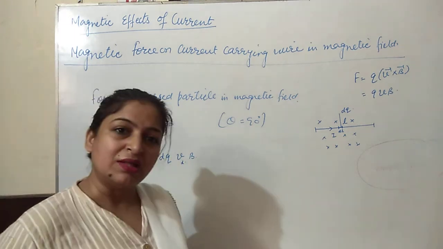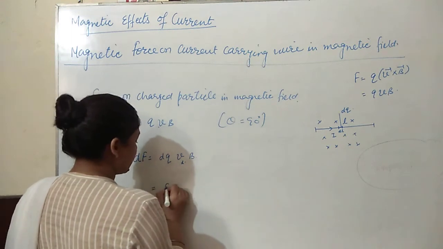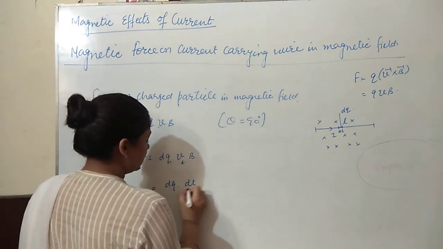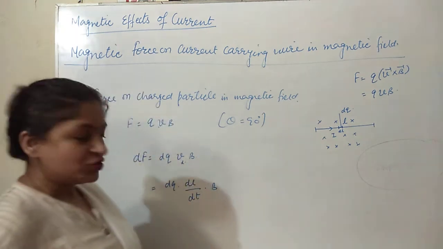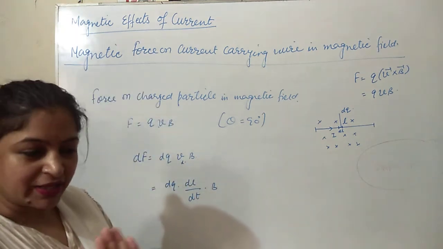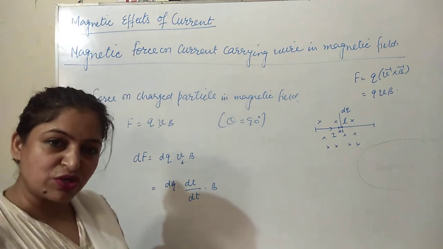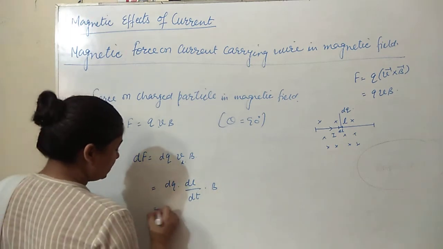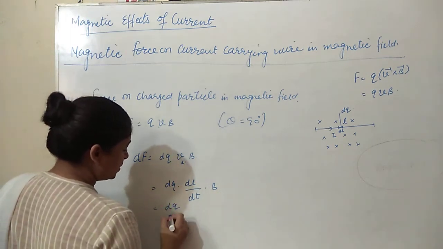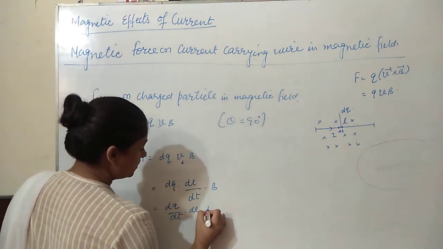Velocity is distance per unit time. So I am going to write drift velocity as dl over dt. This is a small distance dl that the charge dq covers. So this can be written as dq over dt, dl cross B.